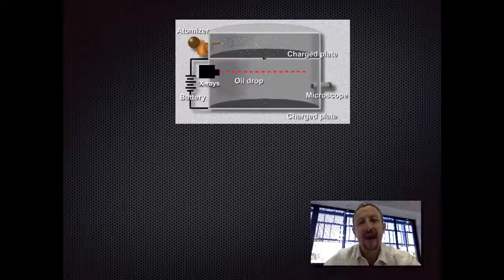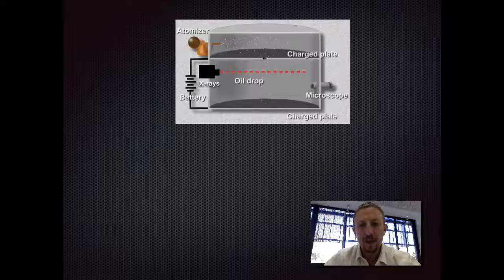Now, by placing a charge across the two plates using the battery, which you can see on the left-hand side, Millikan was able to change the charge on the plates. The top plate would be positively charged and the bottom plate negatively charged. If the oil droplets had electrons added onto their surface, then they would be attracted upwards towards the positive plate.